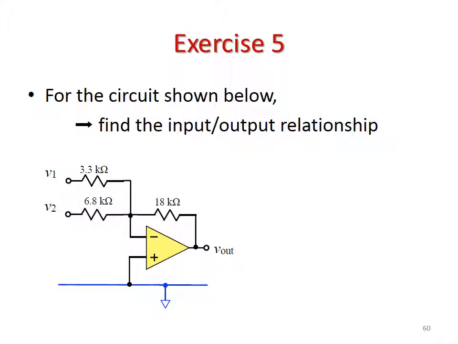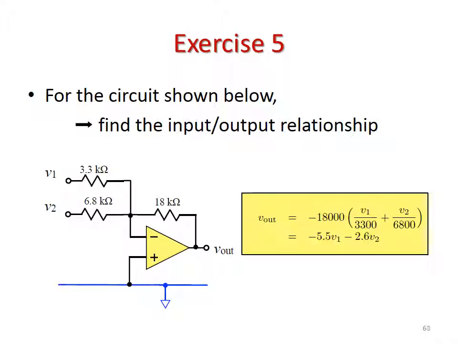So in example 5 here, we're going to find the input-output relationship. So first, identify what kind of op amp this is, and then solve for the gain of that op amp to identify the relationship between the input and output. So go ahead and do that now. Pause now. Unpause.